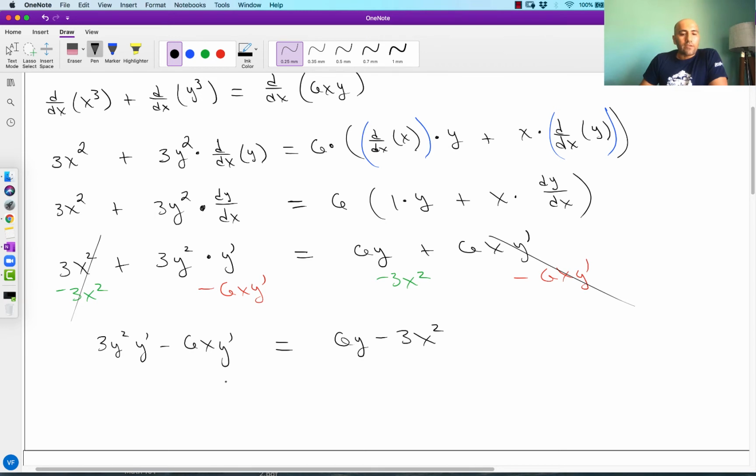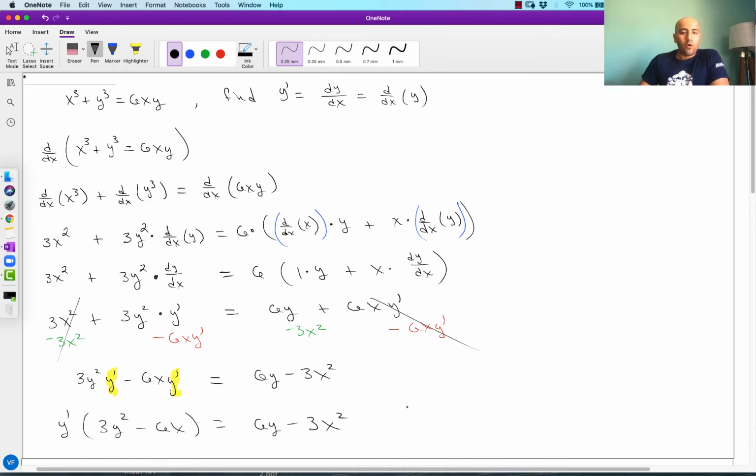Good? Okay, so now what I want to do is factor out the y primes. I have a y prime there, I have a y prime there. I'm going to factor it out, so I'll have y prime times (3y squared minus 6x) equals 6y minus 3x squared. Okay, so I'm almost done.